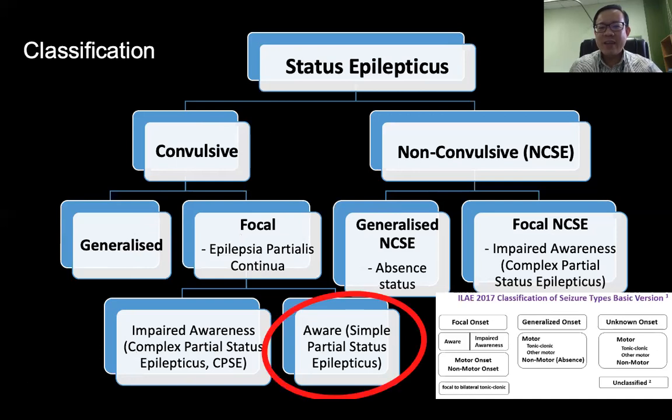Aware. Yeah. In the old days, we called this simple partial status epilepticus or epilepsia partialis continua. But now there is a new term we can use, focal aware status epilepticus, which is a new term following the ILAE classifications.